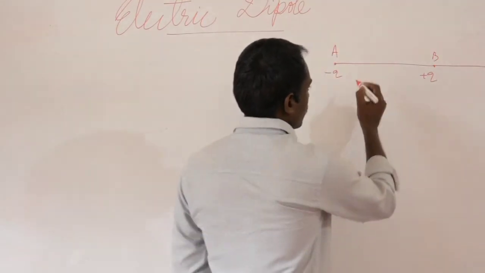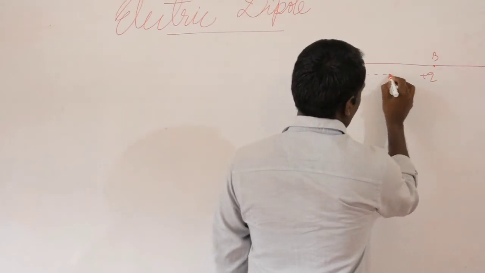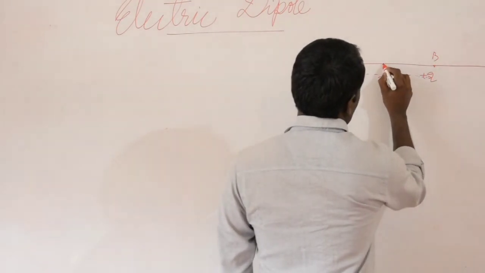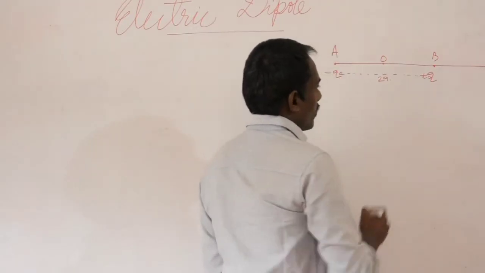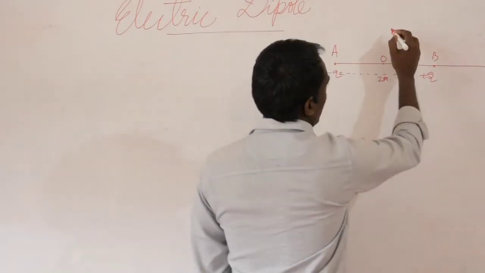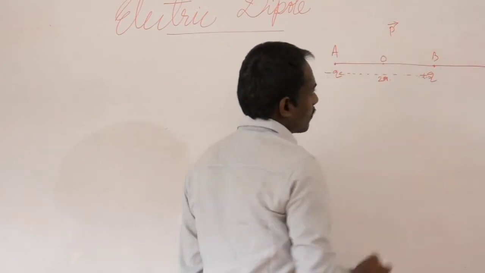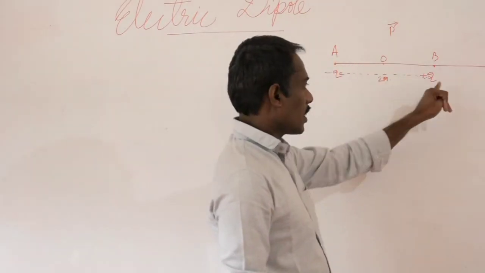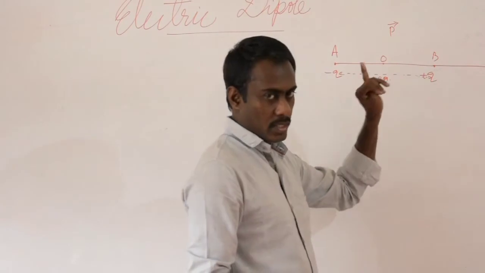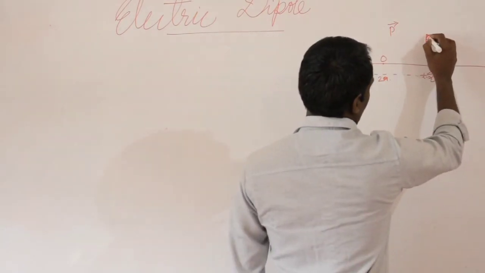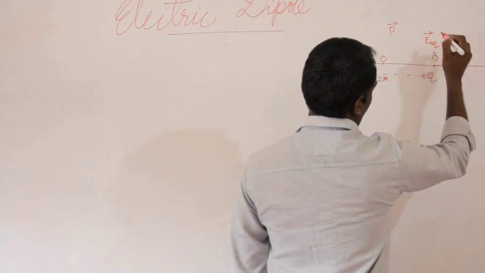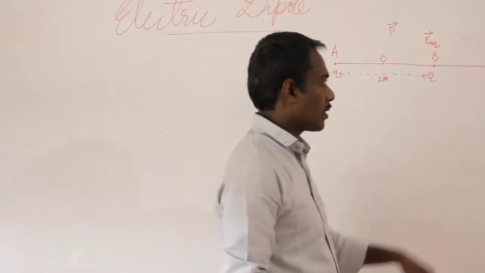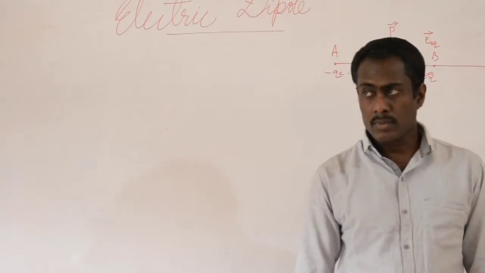The distance between these charges, positive and negative, is 2a, and the midpoint of the electric dipole is O. The direction of the dipole moment is towards this direction, and both charges, plus Q and minus Q, produce an electric field.